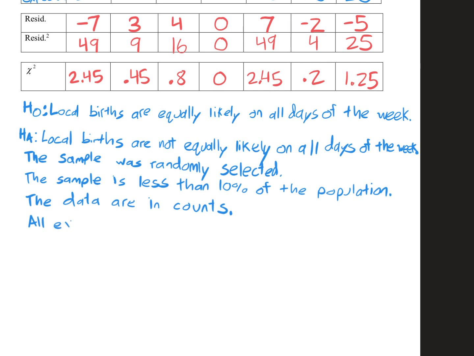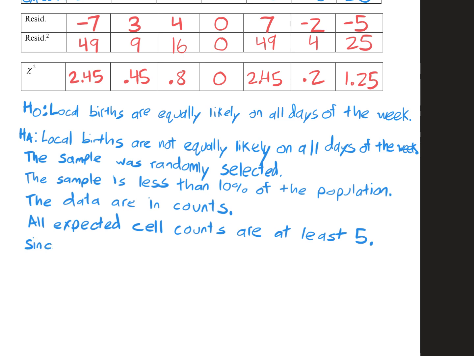All expected cell counts are at least 5. And remember, this is for expected. It is okay if your observed cell counts are below 5. All right, so we have our 4 conditions.